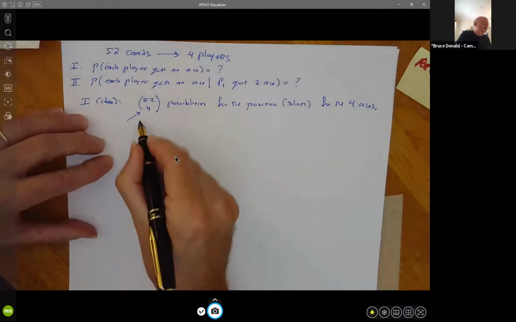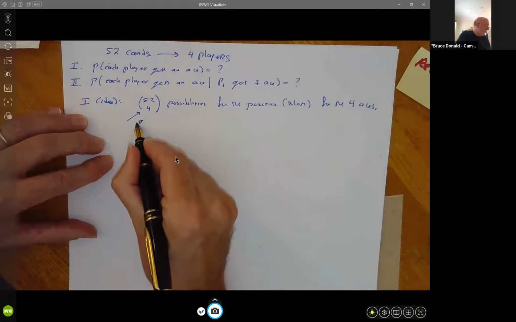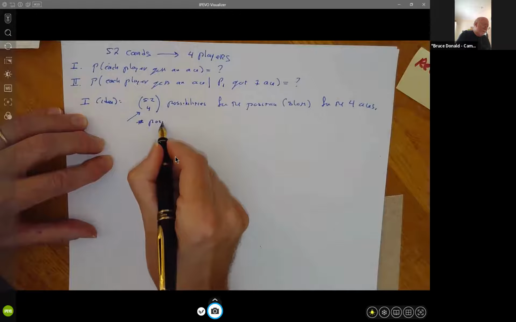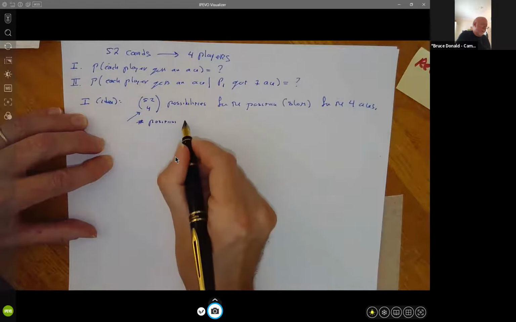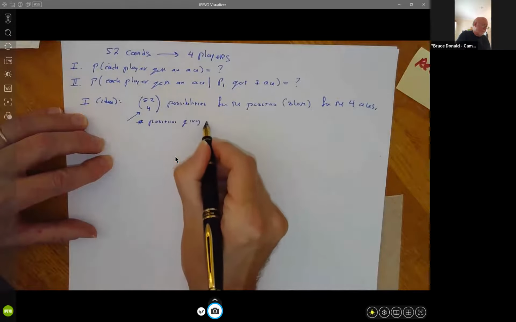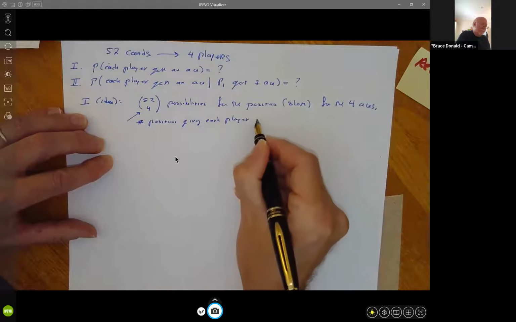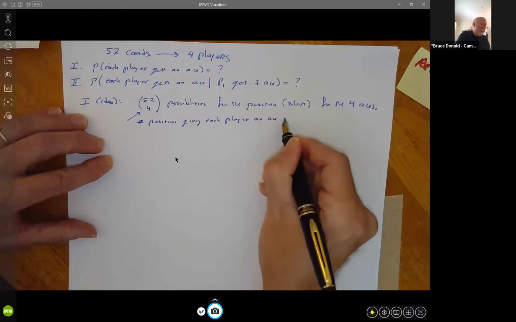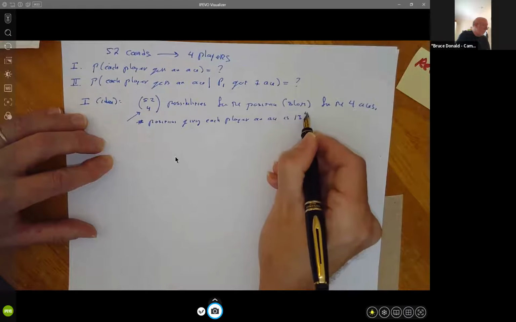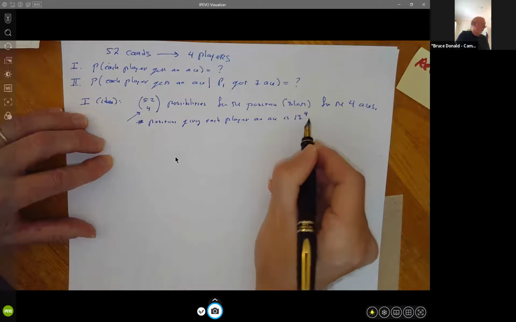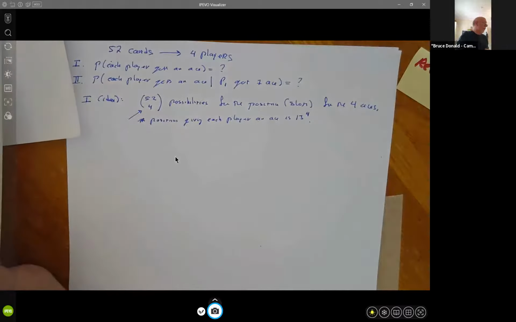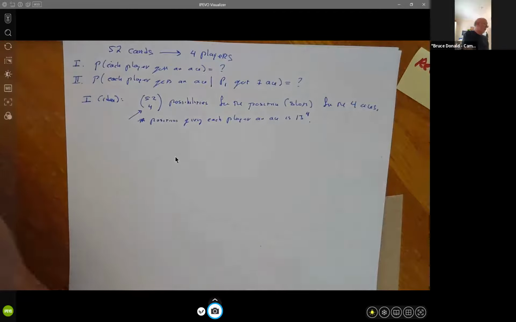So the number of positions giving each player an ace is 13 to the 4. All right, let's pause there.